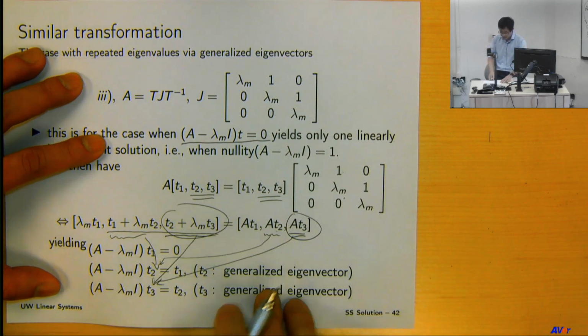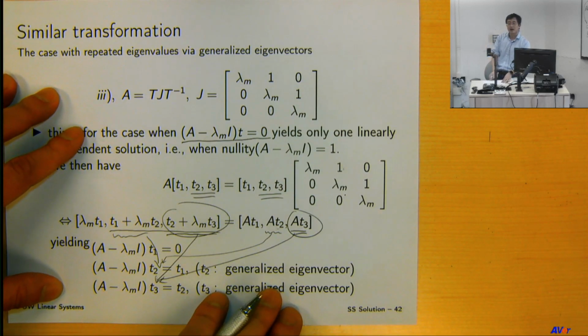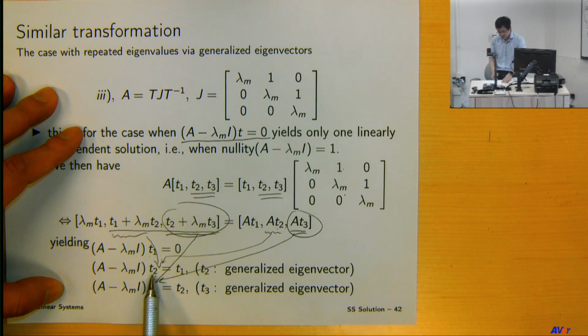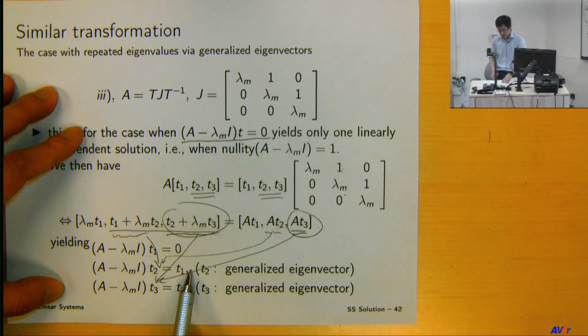T3 is therefore a generalized eigenvector out of T2. It's an iterative process. You get T1 directly. This is the first eigenvector. Then you generalize one from T1. And then you use this generalized eigenvector to generate one more time, to get the third linearly independent vector for the T matrix.